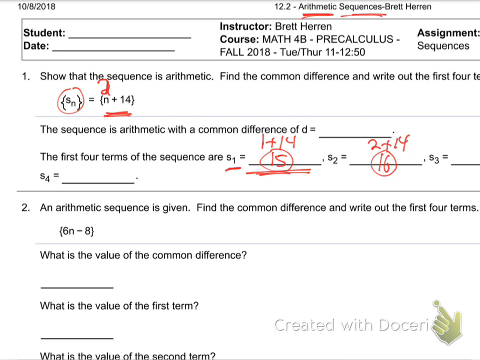Now plug in 3. 3 plus 14, 17. Plug in 4. So 4 plus 14, 18 is the fourth term. Good so far? Got the first 4 terms?